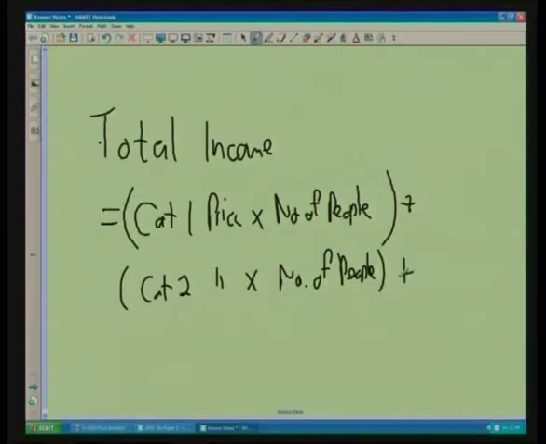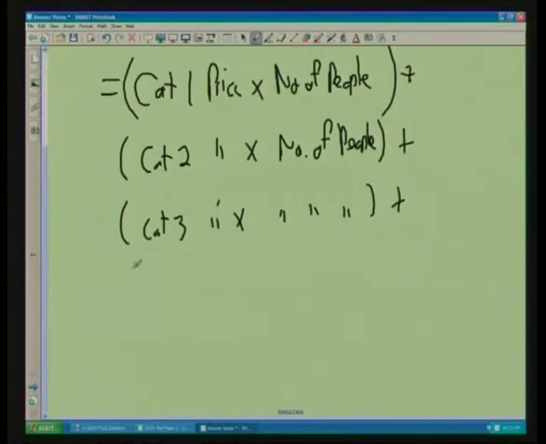And of course, we've got to do the same for category 3, number of people, and let's just scroll down a little further, plus the last one, category 4 price, multiplied by the number of people. That will give us our total income.